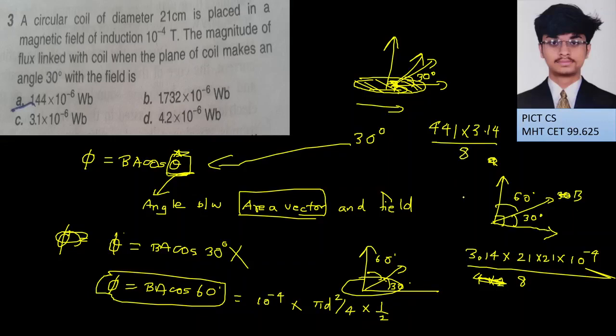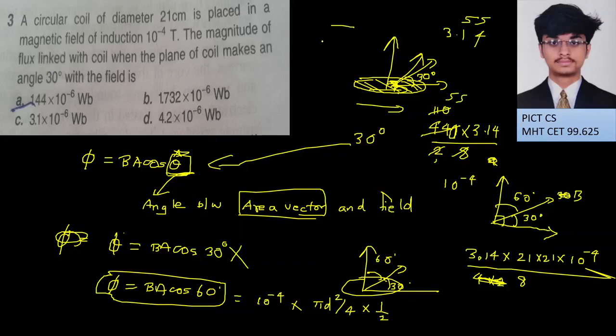Alright, so now let's think, how can we approximate this question? So we have 10 raised to minus 4 here, right? I can consider this 441 as 440, and I can divide it by 4, it will be 110, then dividing by 2 it will be somewhat 55, and so it's like 55 into 3.14.